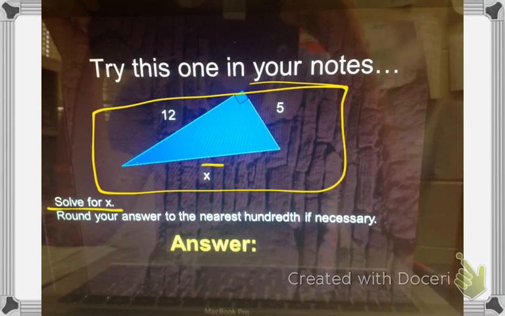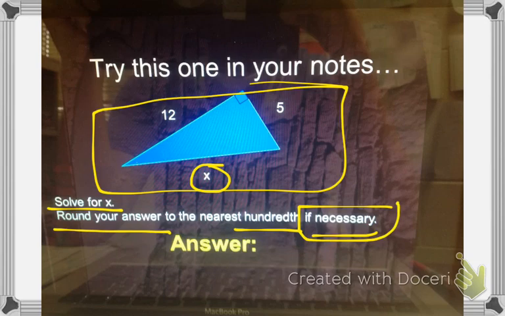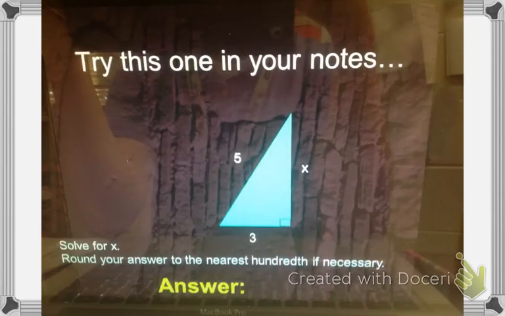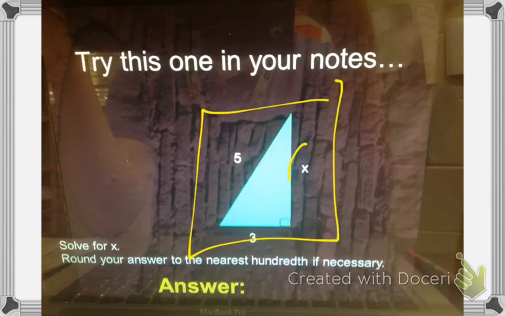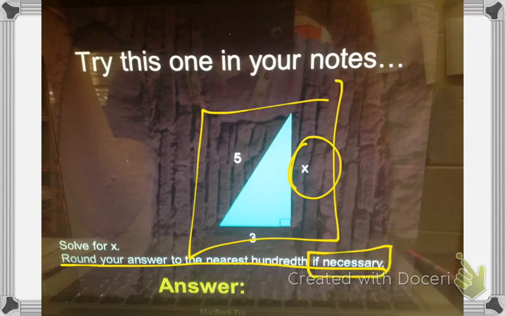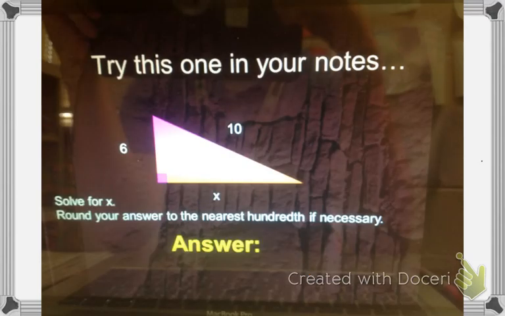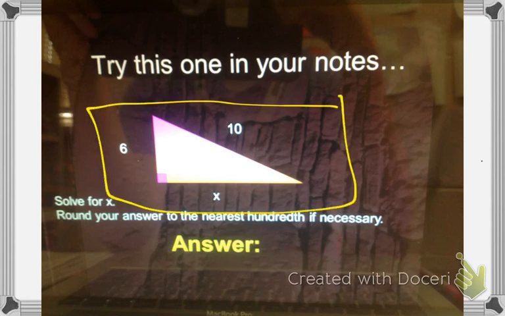Solve for x. Round your answer to the nearest hundredth, if necessary. And this is number 3. Find the missing side, right? Round your answer to the nearest hundredth, if necessary. And number 4. Here's your triangle.